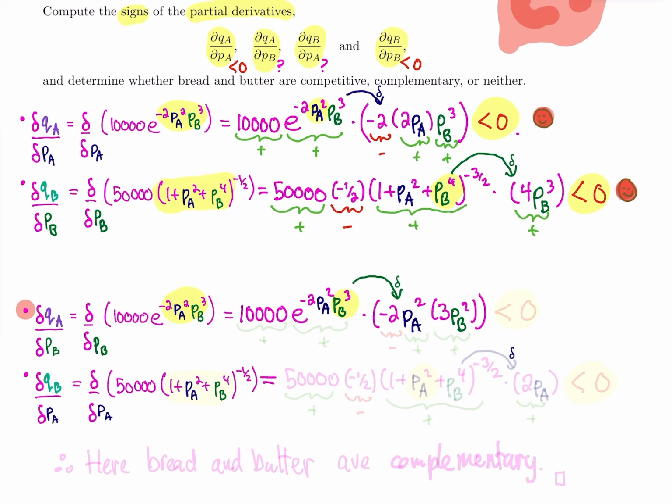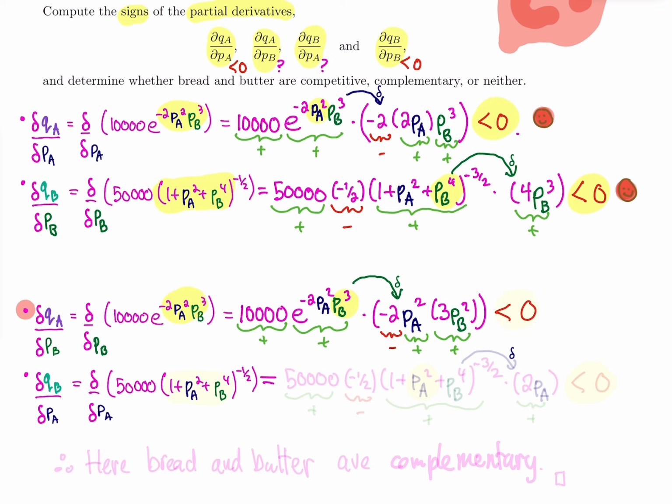Now let's do our little sign analysis. So again here, 10,000, that's a plus. An exponential term, as usual, is always positive. Oh no, the minus 2 here is negative, but the PA squared, that's a plus. The 3PB squared, that's another plus. So only one of them is negative, so the whole thing is negative. What does it mean?